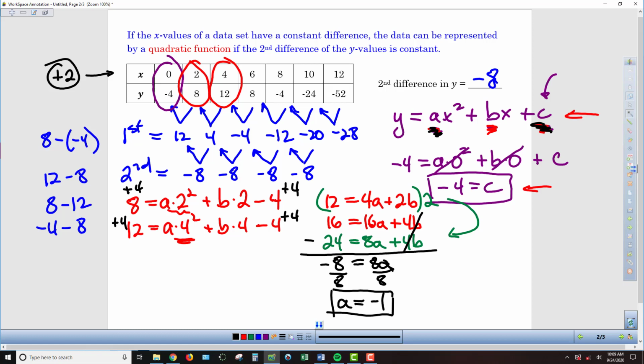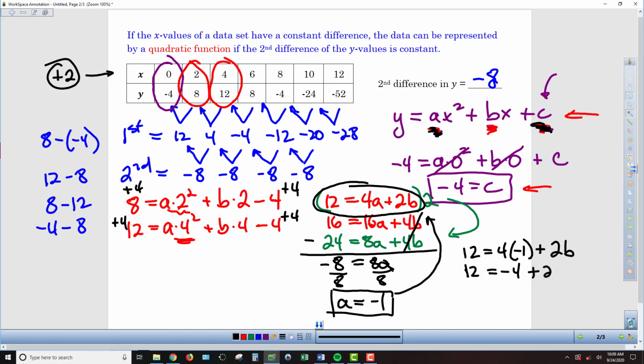Now I just need to figure out what b is, and I can do that by plugging into either of the equations that I have right here. So I'm going to plug into this top one. We've got 12 equals 4 times -1 plus 2b. So I've got 12 equals -4 plus 2b.